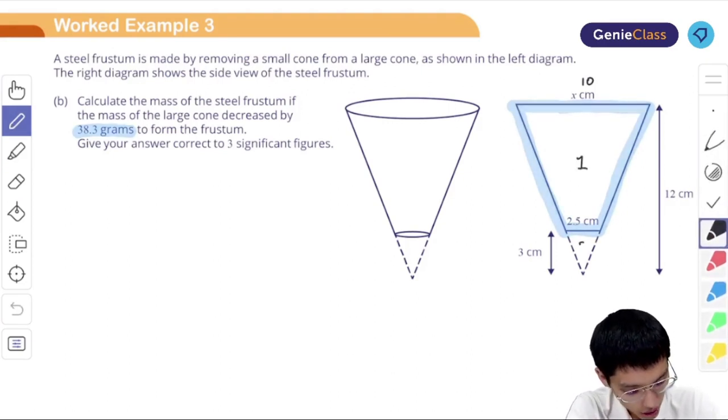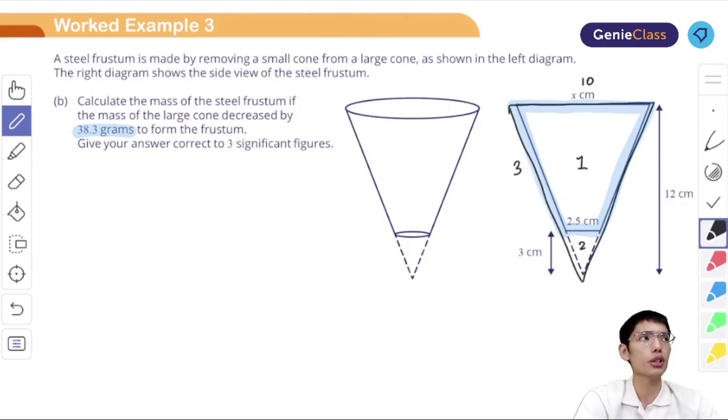Now, can anybody tell me, let's say I label as such. This is 1, this is 2. My whole cone here, let's say, is 3. Can anybody respond? The 38.3 gram, what does it correspond to? 1, 2, or 3? 1 being the large part, 2 being the small part, 3 being the whole cone. Try to visualize again.